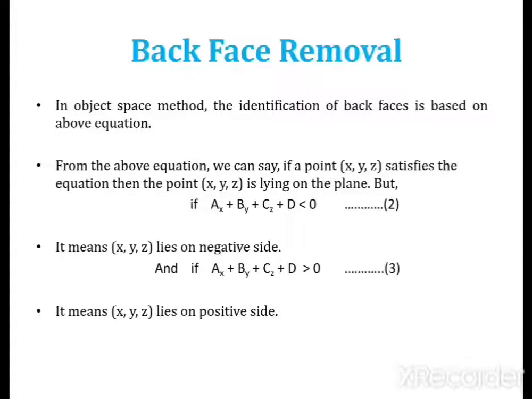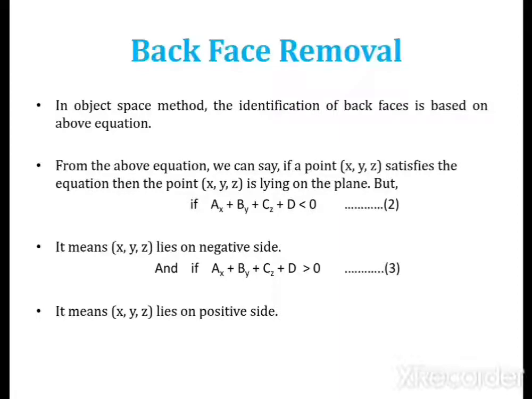From that equation we can say if any point xyz satisfies the equation, ax plus by plus cz plus d is equal to 0, then the point xyz is lying on the plane.